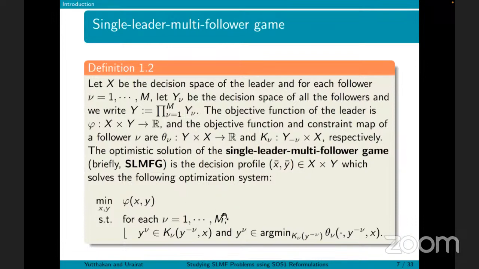Let X be the decision space of the leader, and Y of new be the decision space of the follower, and Y belongs to this, its objective functions. The objective function of the leader is defined by F, and the objective function and constraint mapping of the follower are defined by zeta v and kv respectively. This is the single leader multi-follower game.